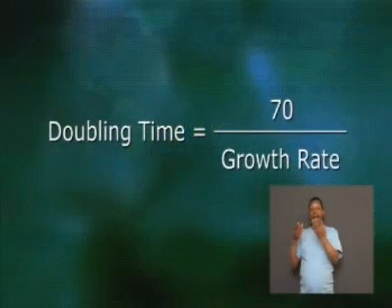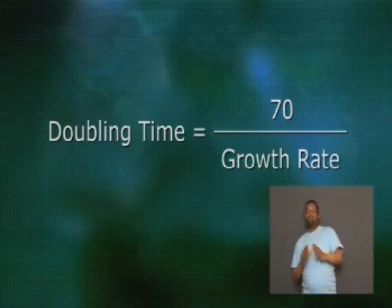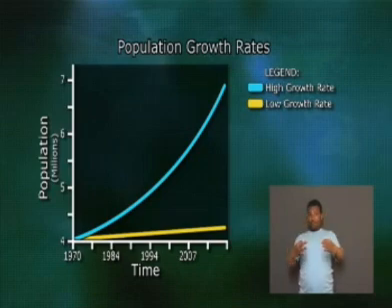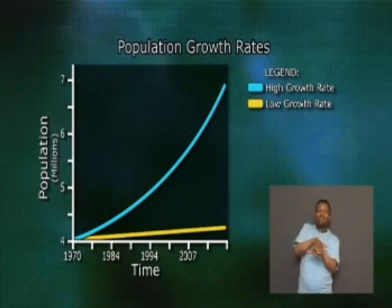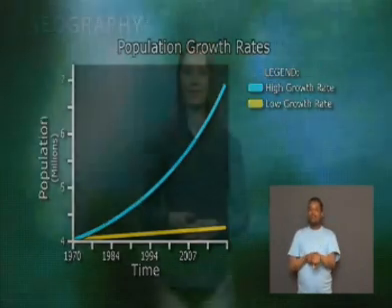Doubling time equals 70 divided by the growth rate. The growth rate determines the time required for a population to double. The lower the growth rate, the longer the doubling time. The higher the growth rate, the shorter the doubling time.